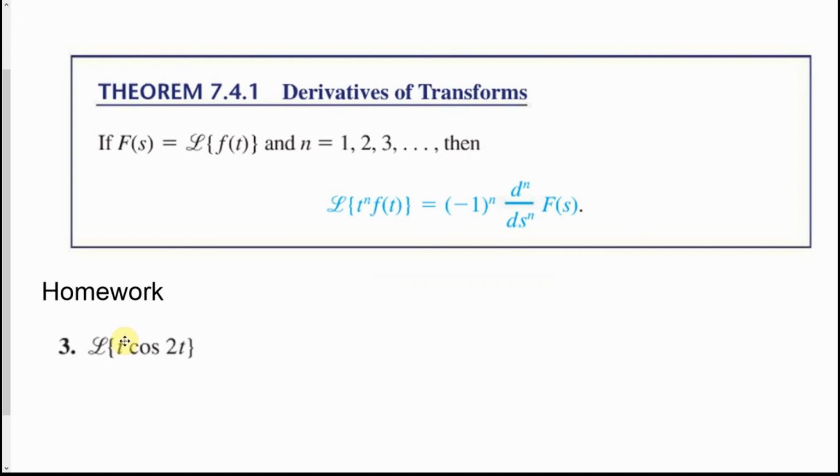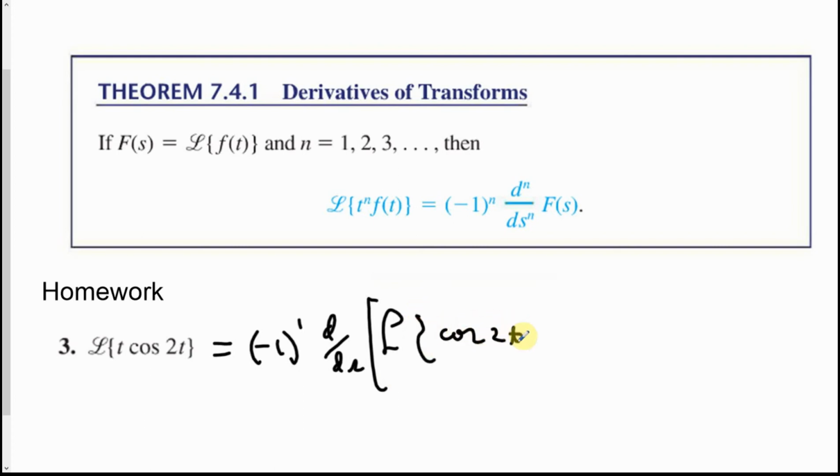So here, this is t to the first power, and I'm going to do that because that's pretty easy. Based on this formula, this is -1 to the first power times just the first derivative of the Laplace transform of cosine of 2t.